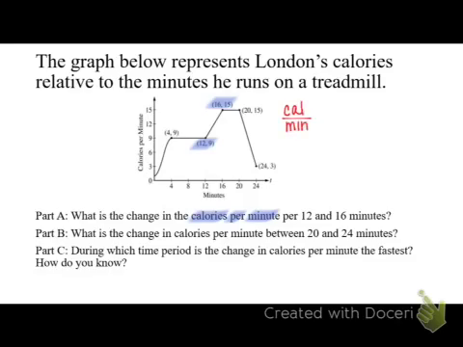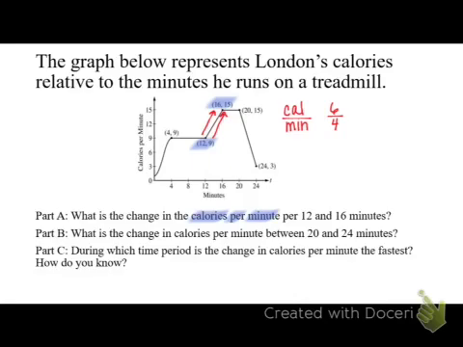and we're looking for overall the calories per minute, we're talking about how many calories did we burn per 1 minute. So the change in calories is that we went from 9 to 15, which was an increase of 6 calories. And when we're looking at the minutes, it took us 4 minutes to do this.